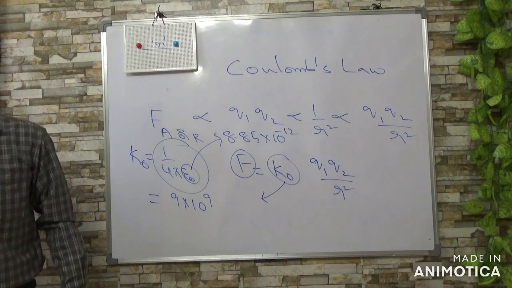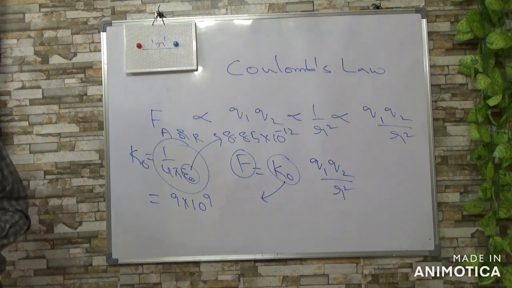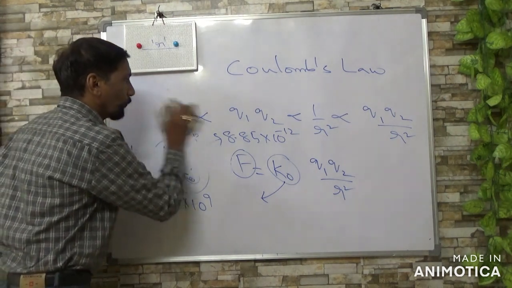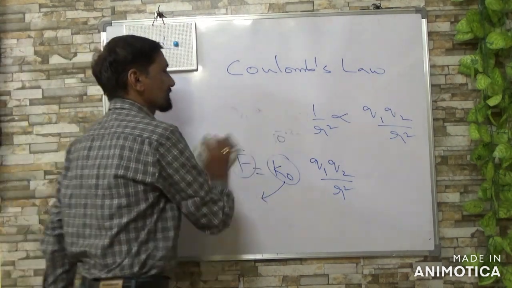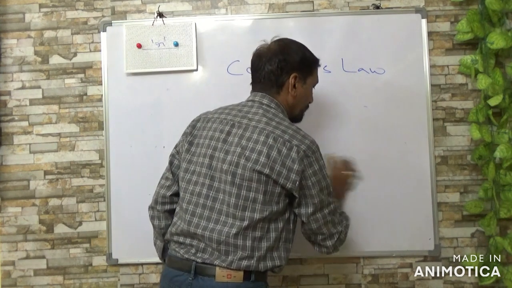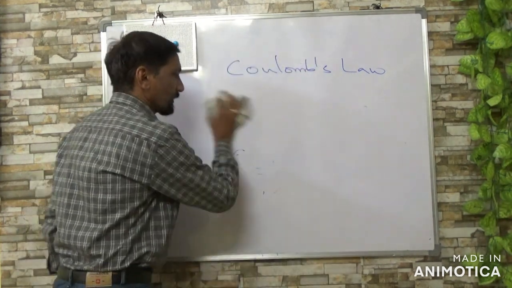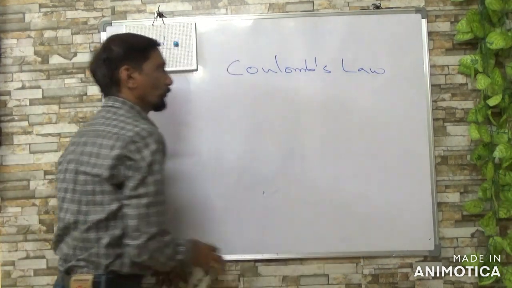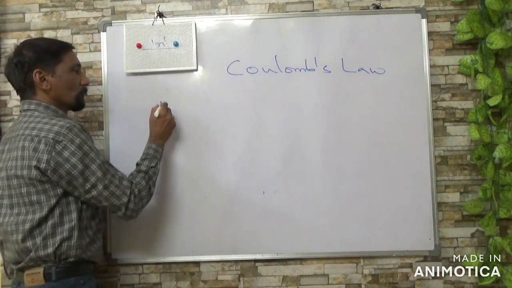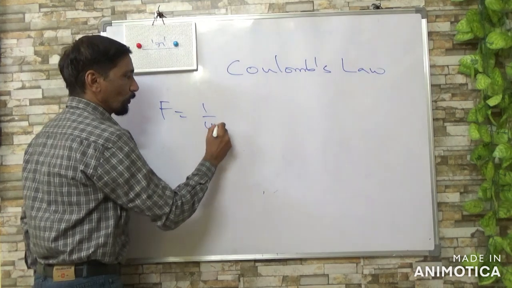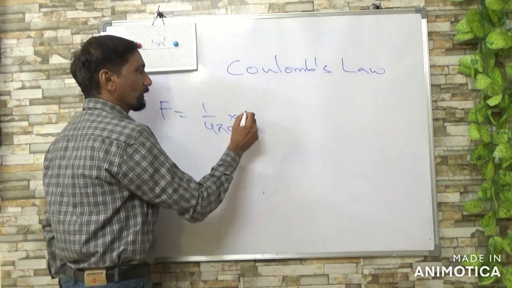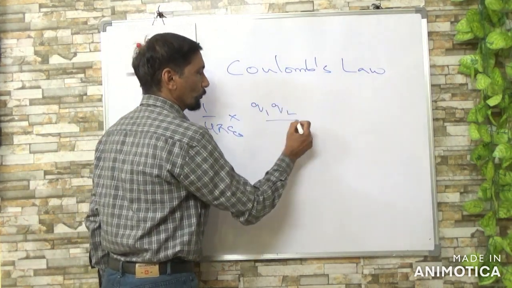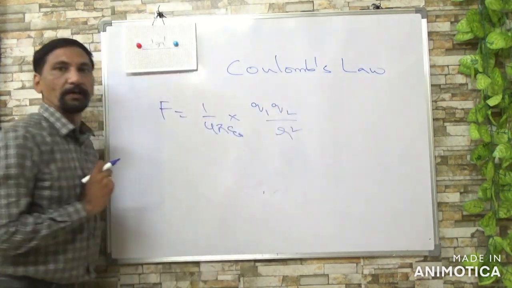So remember, force between 2 point charges in free space is equal to 1 by 4 pi epsilon naught into Q1 Q2 by R square.